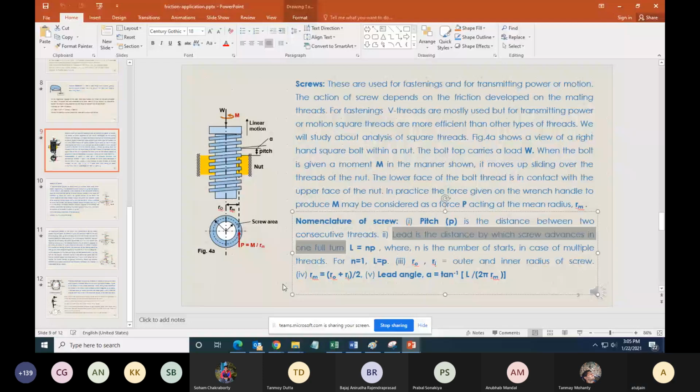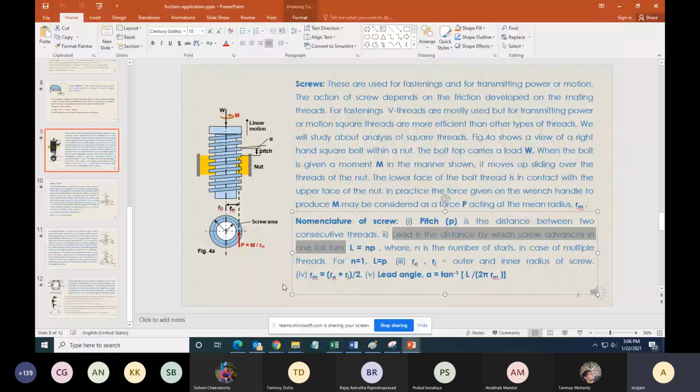Logically, that should happen in the 6th semester, because by then, in your 4th semester, you would have done a course on mechanics of solids, and in the 3rd semester, a course on dynamics. Once these two are known, understanding what is a V thread, what is a square thread, and why we are doing it will become much easier. Also, another important thing is how screws are made. What is the manufacturing process?